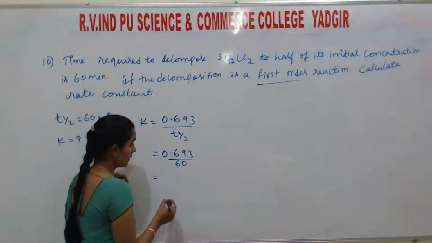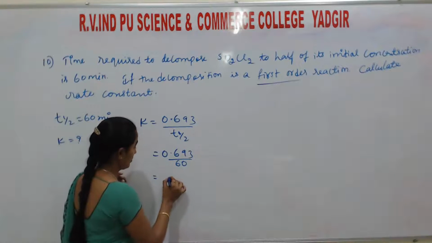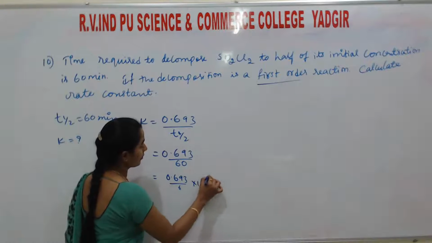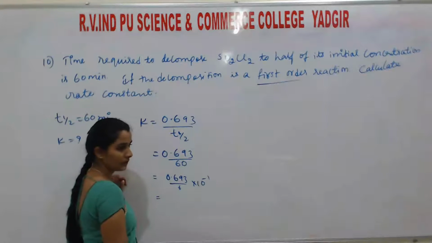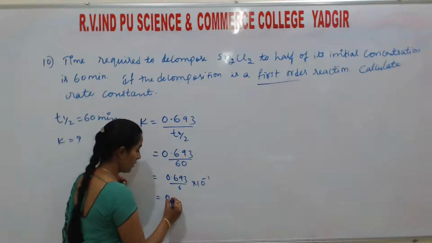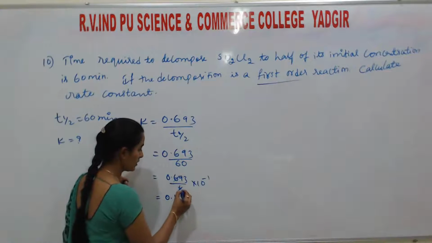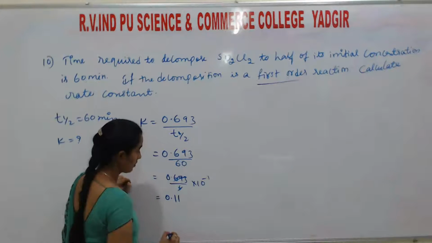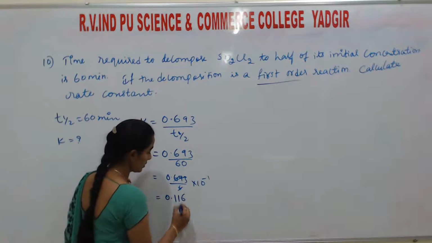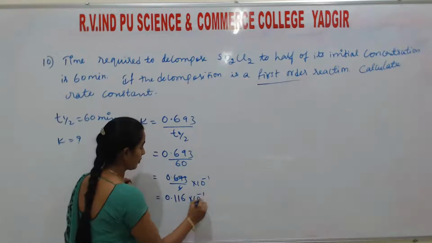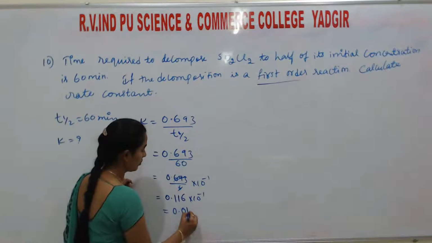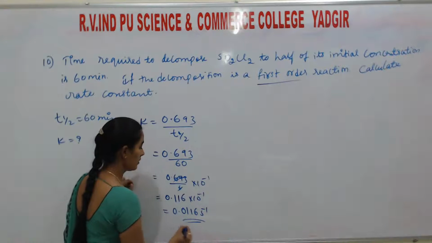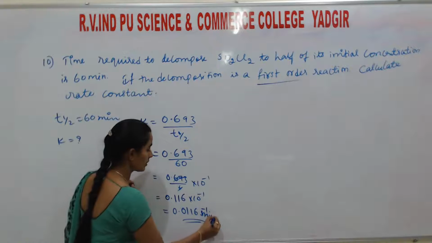Okay, so that is 0.693 divided by 6 into 10 to the power of minus 1. Correct? So 6 ones are 6, 6 threes are 18, and so on, into 10 to the power of minus 1, that is 0.0116 minute inverse.